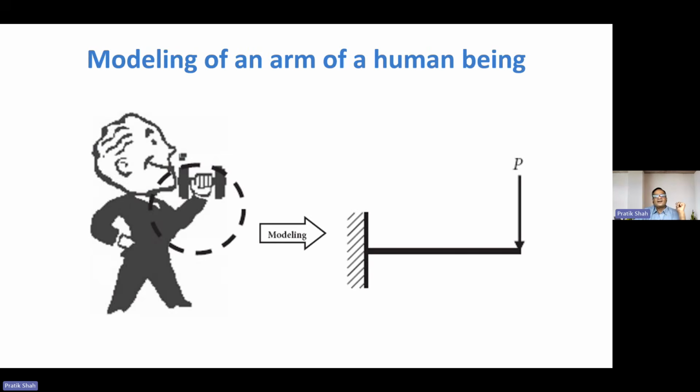A small example again, if I am supposed to analyze the arm, a human arm, a person who is lifting a dumbbell, then it can be simply modeled as a cantilever beam, wherein this load is basically the weight of the dumbbell, and this would be a hinge support, not a fixed support, because it is going to rotate over the arm over here.